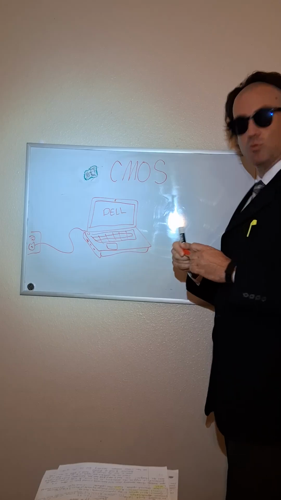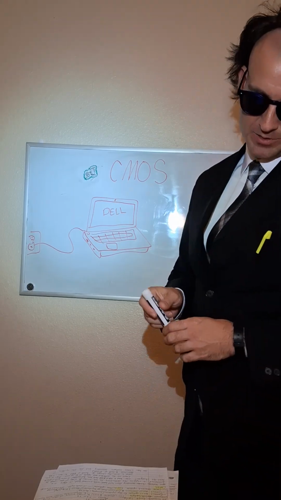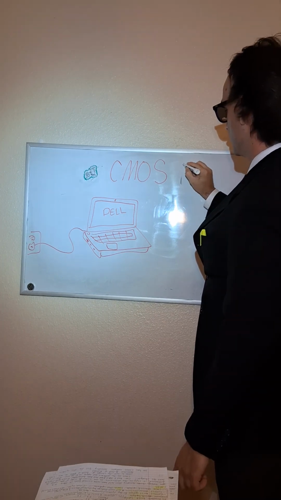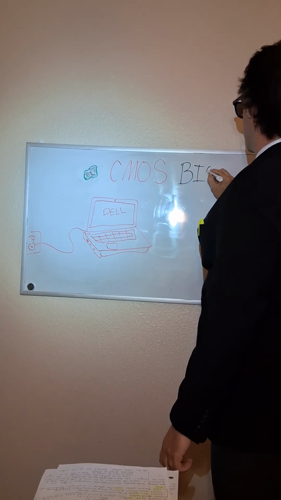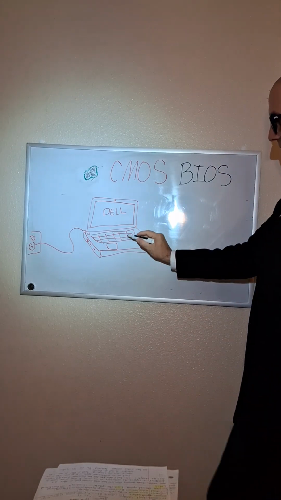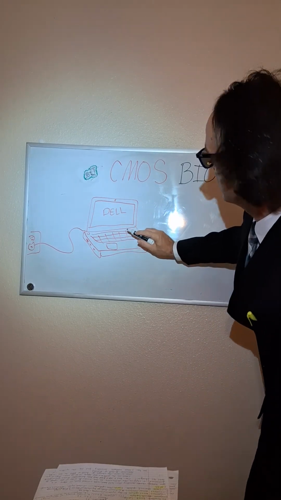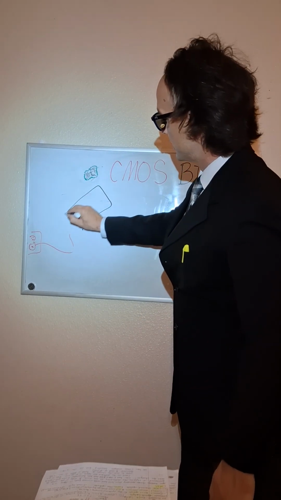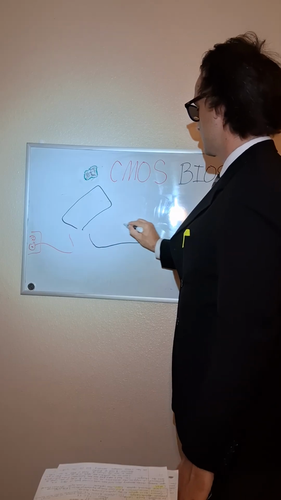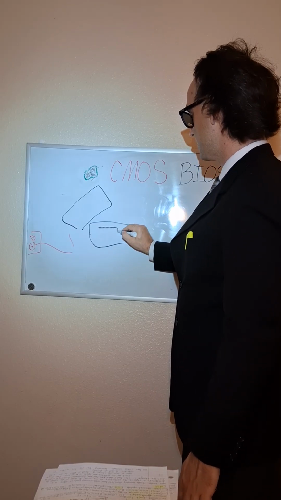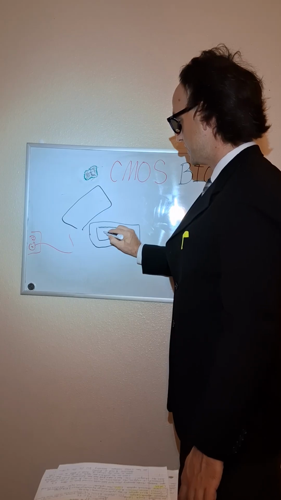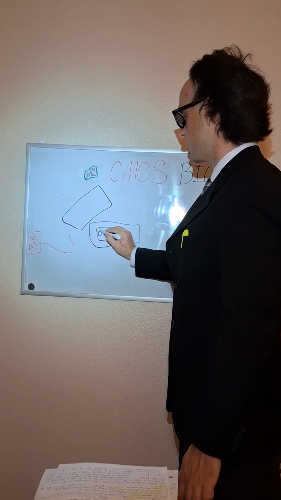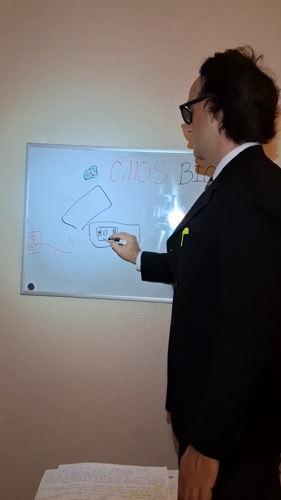But what is BIOS besides the acronym? Basic Input-Output System. BIOS is the code. If you take the cover off of the laptop, you see the motherboard, with your little CPU, your expansion slots, maybe a hard disk drive or an SD slot.